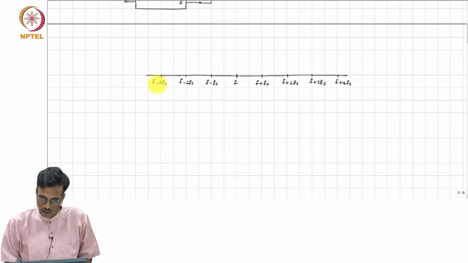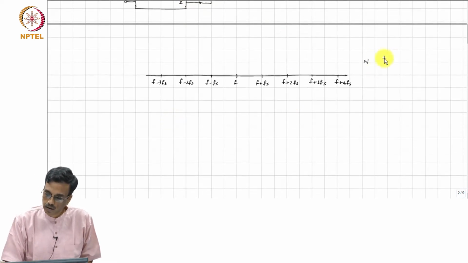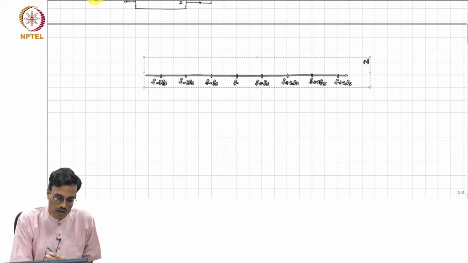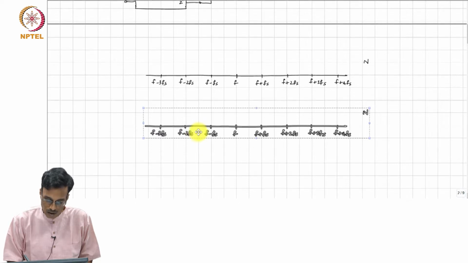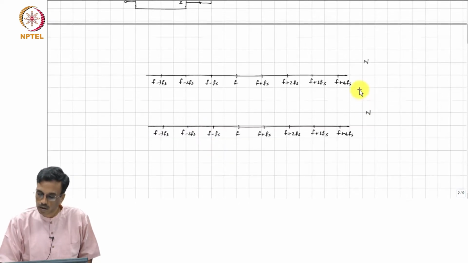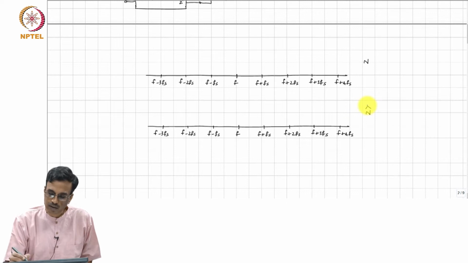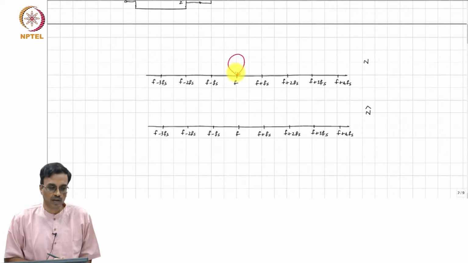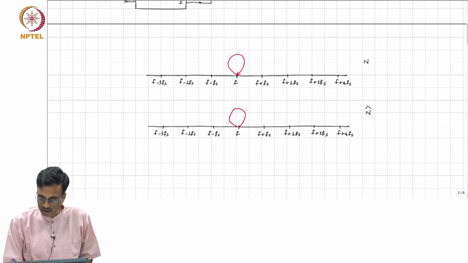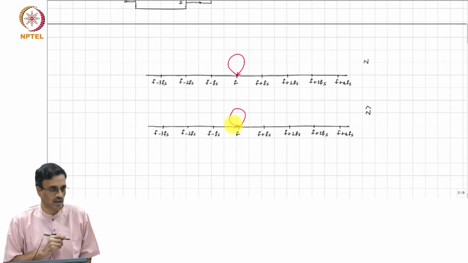And this is the original network N, and this is the adjoint network, N hat. So, what this is saying is that the transfer function from f to f in the original network is the same as that in the adjoint. You still remember that the ports are interchanged.